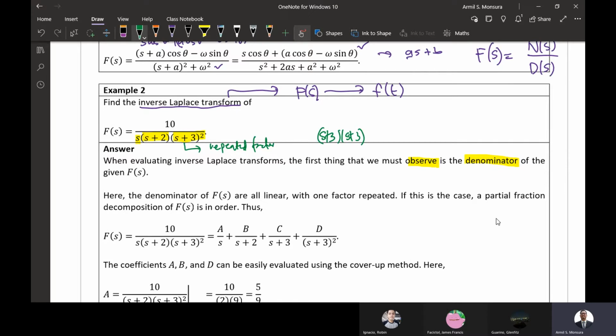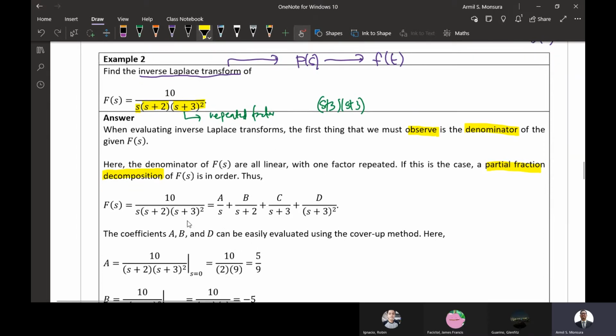Kapag yung denominator ninyo is hindi siya nag-iisang linear, o kaya nag-iisang quadratic na denominator. Kumbaga, sa denominator niya, halo-halo naka-factor yung linear at saka quadratic factors, then kailangan niyo mag-perform ng partial fraction decomposition. So I hope alam niyo pa 'to galing sa algebra ninyo.